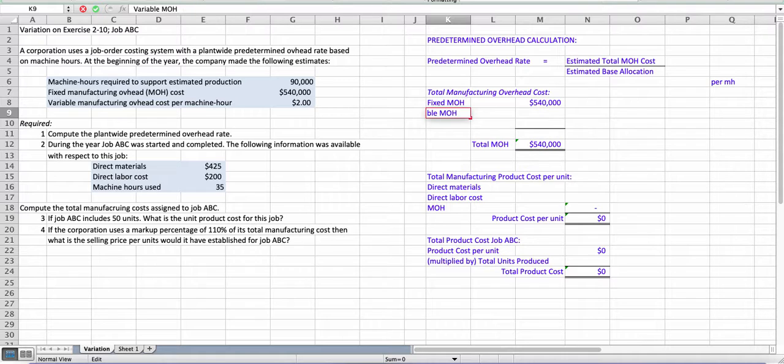So it's the cost per machine hour. And here's our machine hour. So I'm going to put up here $2 and multiply that by the 90,000 machine hours. Let's just abbreviate variable.